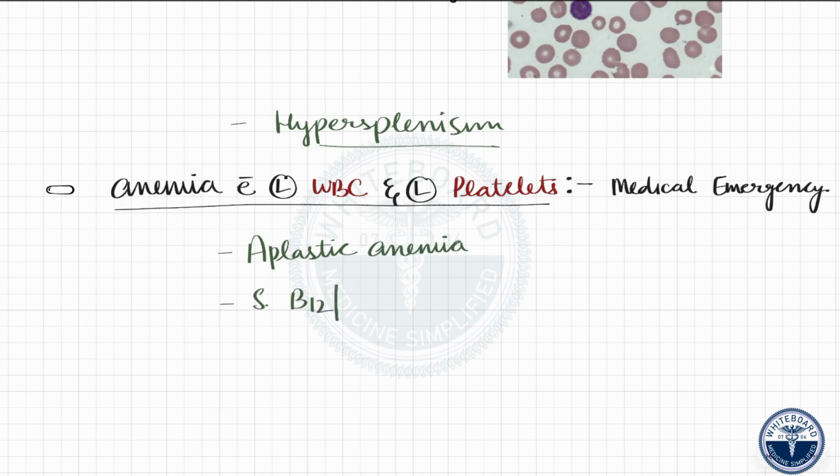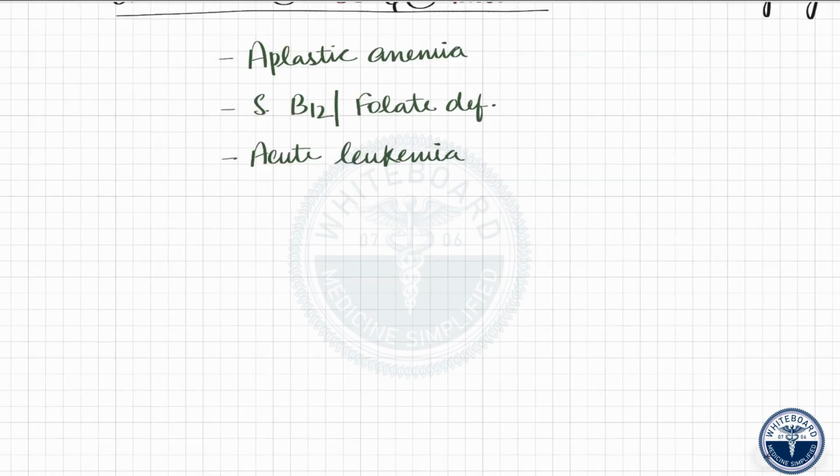Severe B12 or folate deficiency can impair hematopoiesis, resulting in megaloblastic anemia. Acute leukemia must always be considered, where the marrow is infiltrated by malignant blast cells that crowd out normal blood cell production.